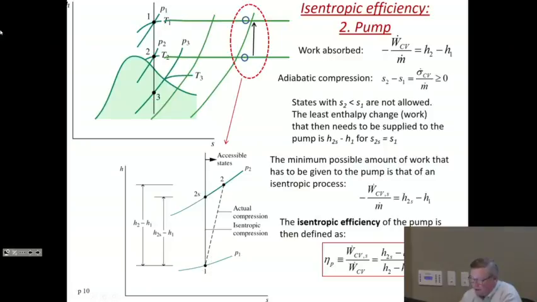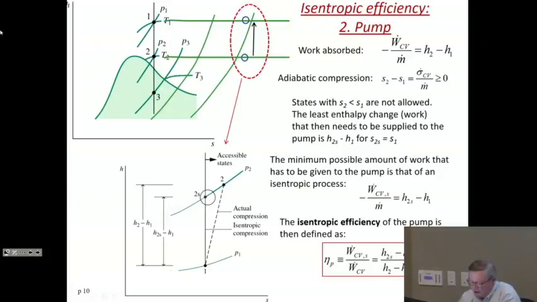We are really going from 1 to 2, but we don't know how to calculate the irreversible losses if we do that. So we're going to say we go from 1 to an idealized situation that is 2s. That's an isentropic transformation. You know that the work is going to be H2 minus H1, but you're going to be calculating H2s.